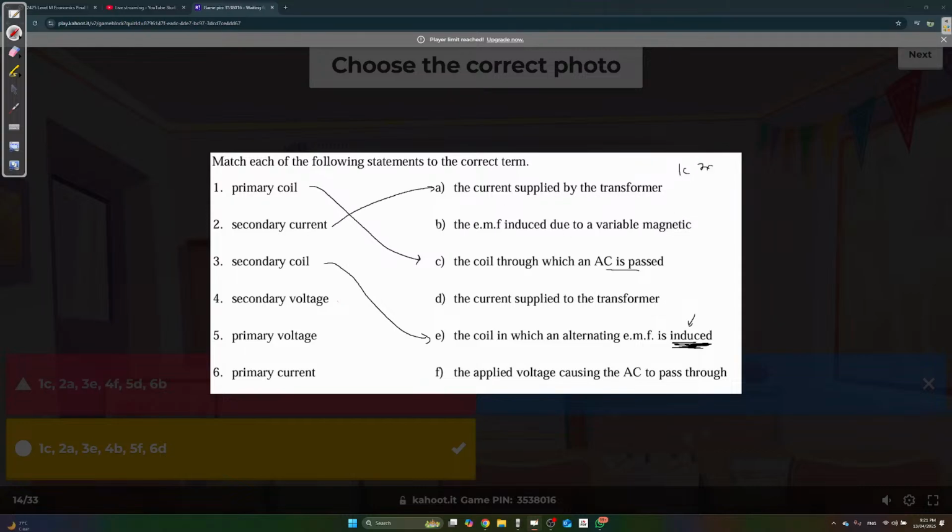So 2 will be A. 3, the secondary coil, we said is E. 4, the secondary voltage is the EMF that is induced. Anything induced means secondary. So 4 is B. Then 5, the primary voltage is the voltage that you're applying, right? So 5 is F. And 6 will obviously be D.